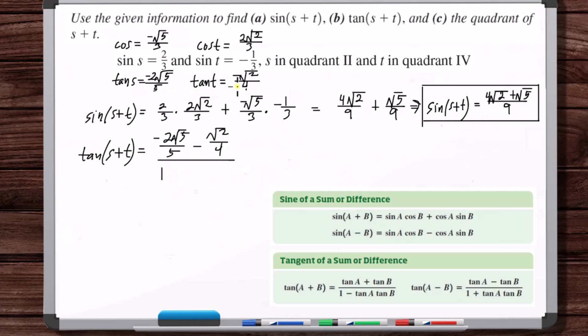So tangent of s times tangent of t is going to be positive, so the minus just stays. And then you've got 2 root 5 over 5 times root 2 over 4.